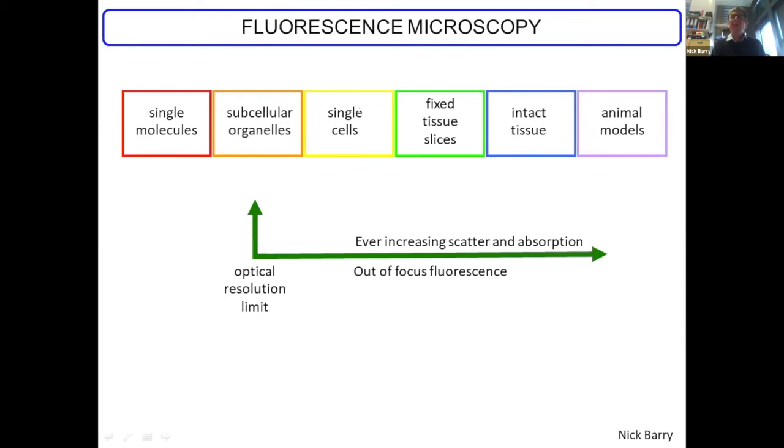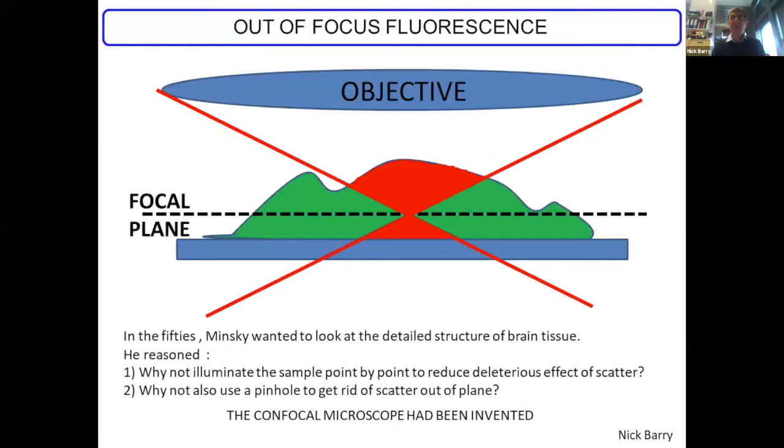Single cells, you can see a lot through a regular fluorescence microscope, frankly. So confocals and what have you are not necessarily needed. But once you start to get into slices, this effect of out of focus fluorescence is really starting to kill the contrast in the sample. So you're losing the ability to identify specific things.